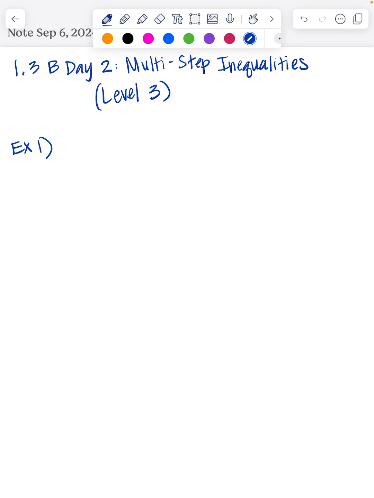And this will be example 1. So I want you to think back and remember the steps we did when we were solving multi-step equations, and you're going to follow those same steps.